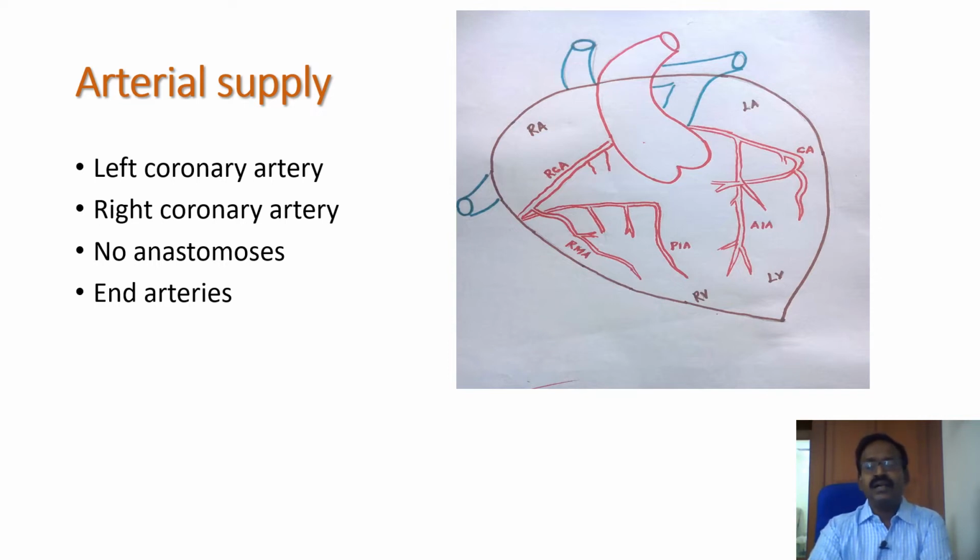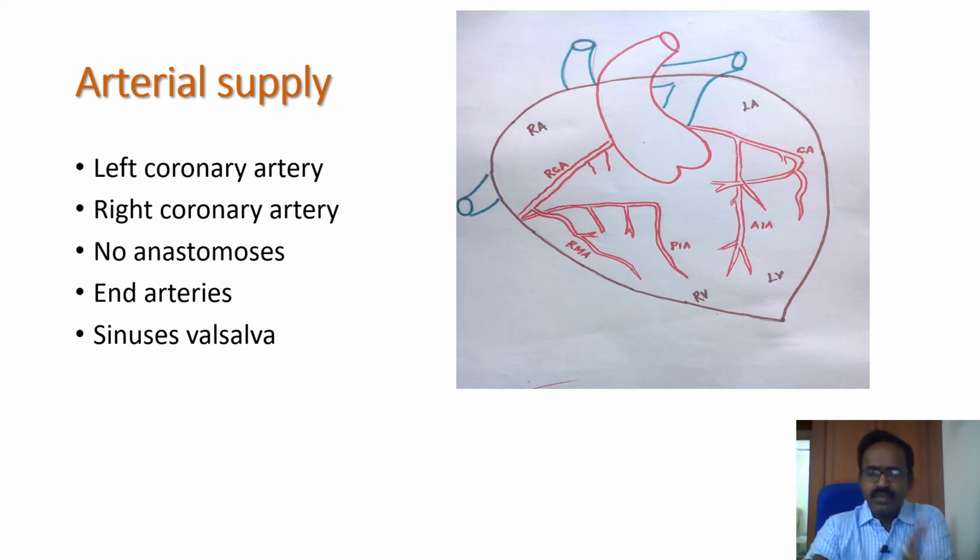And the sinus of Valsalva is the outpouching of the aortic valve cusps. That is the place where the coronary arteries originate. That place produces eddy currents.